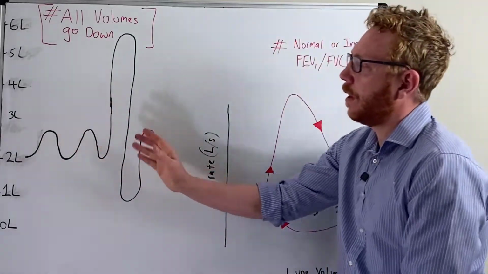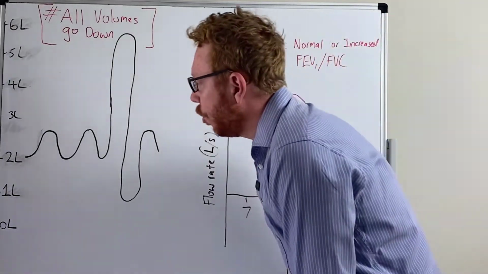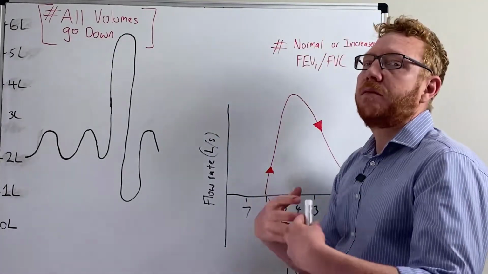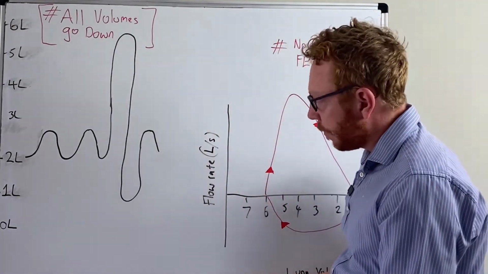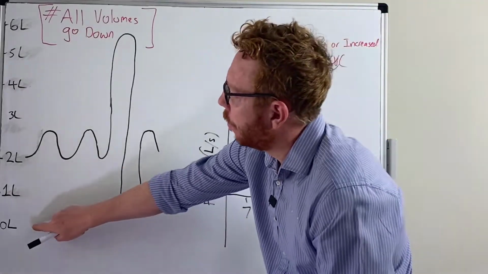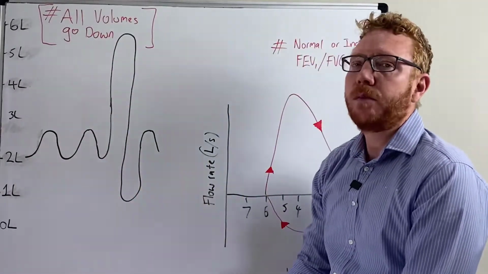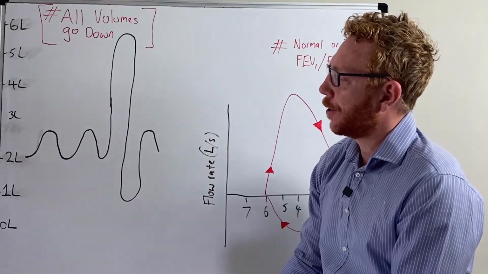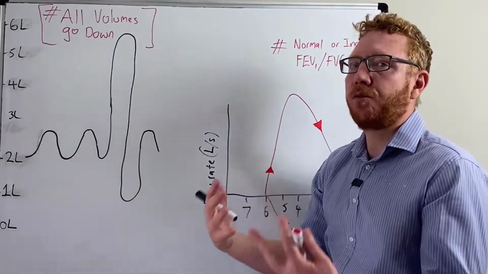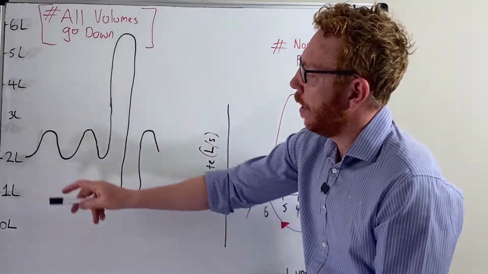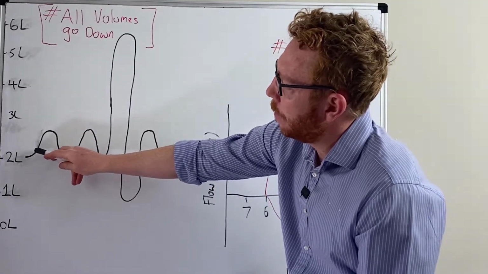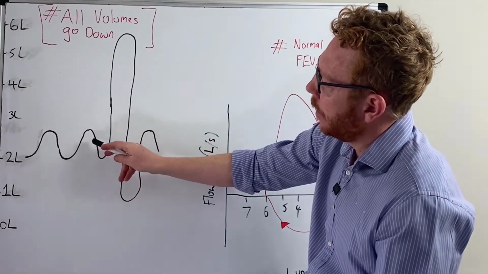But let's start over here with a normal trace in normal lungs. What we can see here on the y-axis is the volume of air in a person's lungs. Now when you are at rest and breathing normally, you will be breathing passively in and out, in and out.